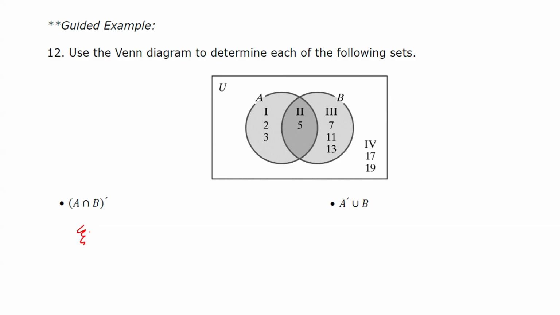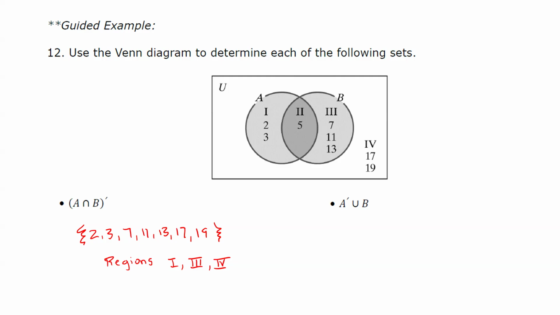Those would be the numbers 2, 3, 7, 11, 13, 17, and 19, which would be regions 1, 3, and 4.